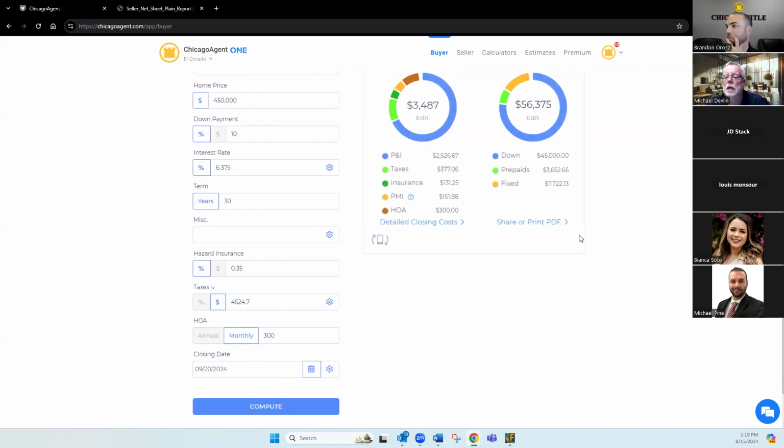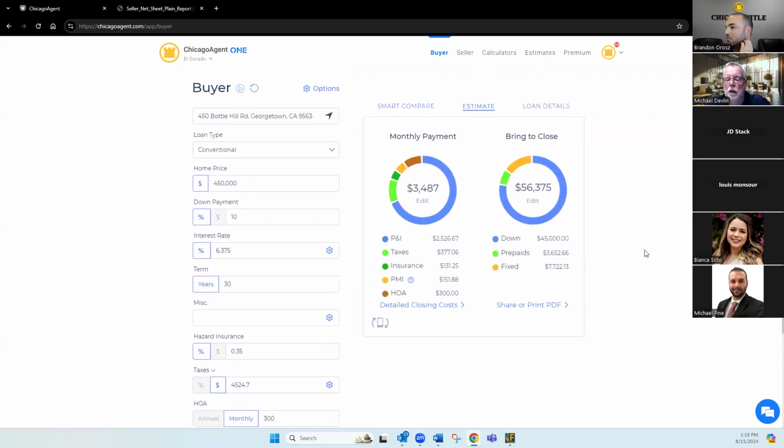Okay. So I would do the principal and interest is 25.26. I've had some sellers just be shocked because they have no idea what it currently looks like. Insurance at 131 a month, that could be accurate. PMI, HOA dues, look at a detailed.